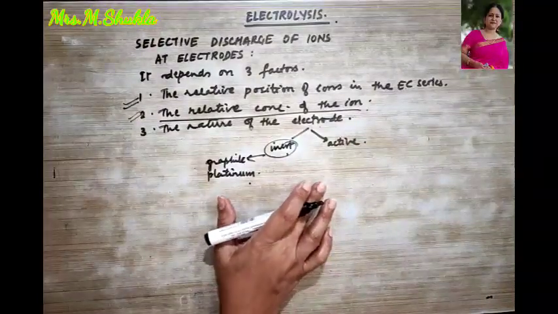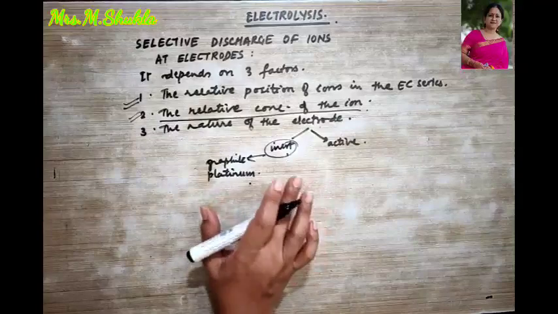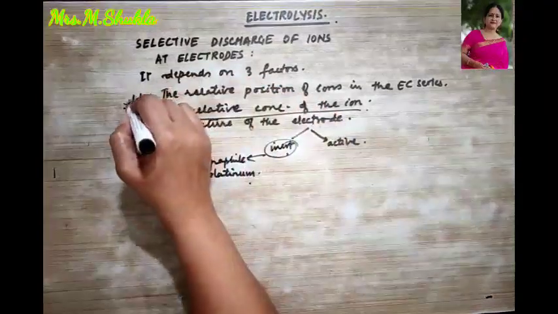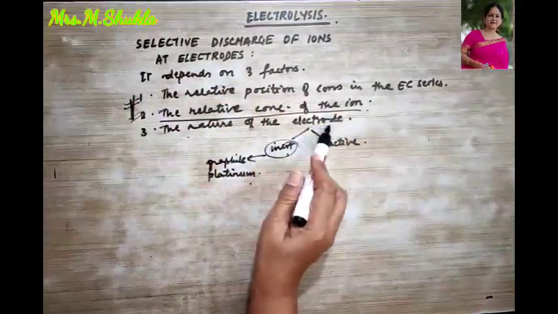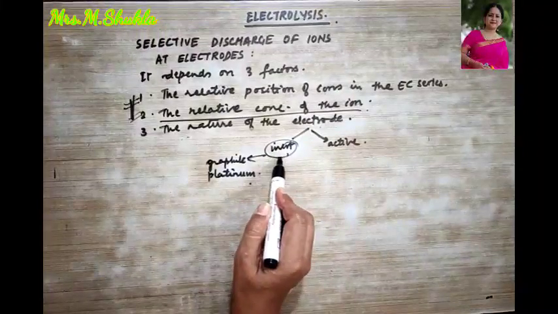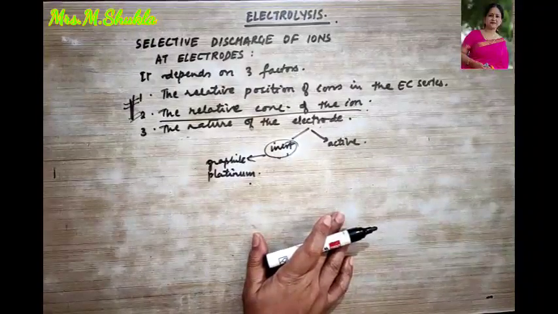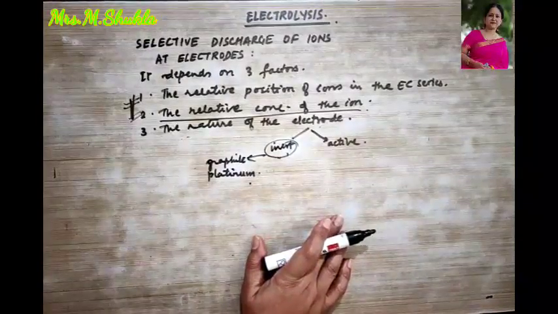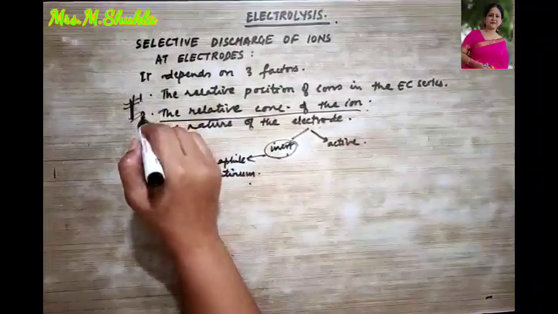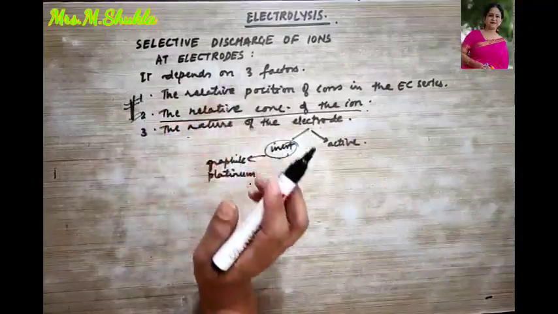So the electrolysis will depend only upon these two factors. If the electrode is inert, it is not going to take part in the chemical reaction, so the electrolysis depends upon point number 1 or point number 2, whichever is feasible.